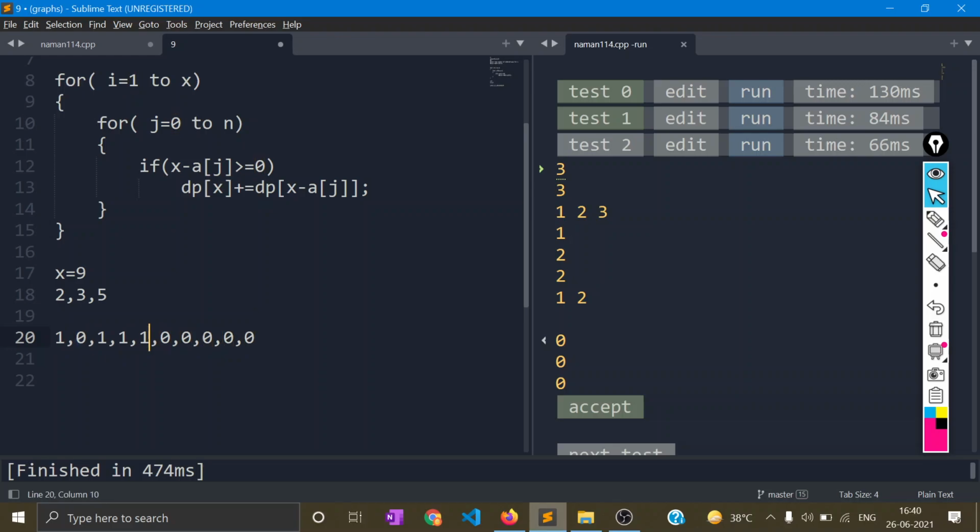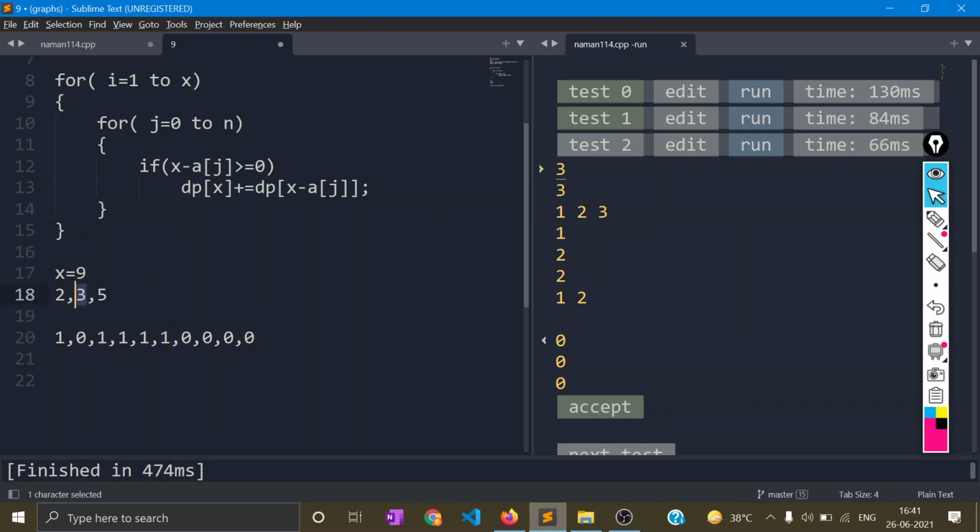So there is no change when we consider 3, because 4 minus 3 would be 1, and dp[1] is equal to 0. 0 plus something is something. So when I get to 5, 5 minus 2 is 3, and dp[3] is 1. So I change from 0 to 0 plus 1, which is 1.